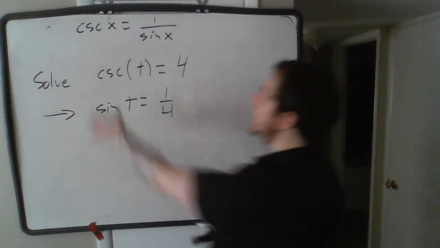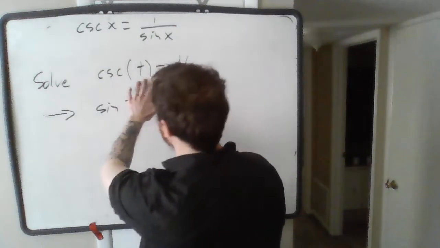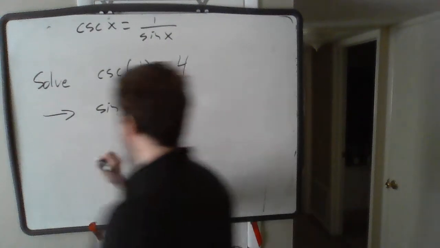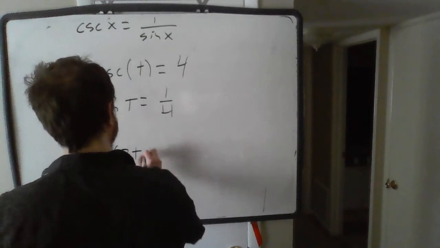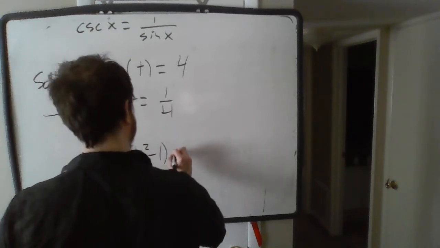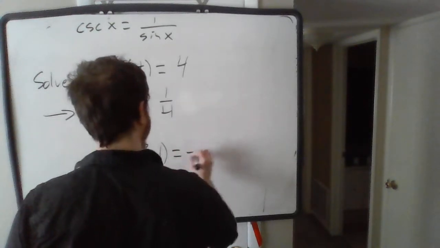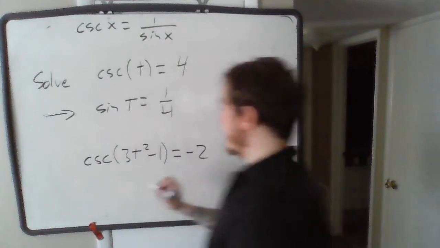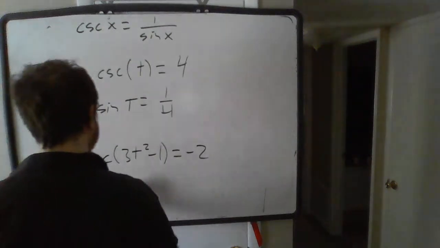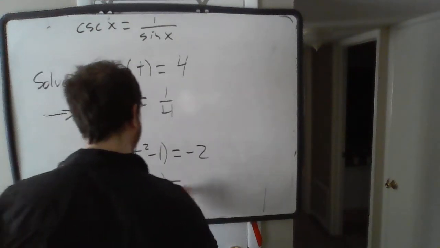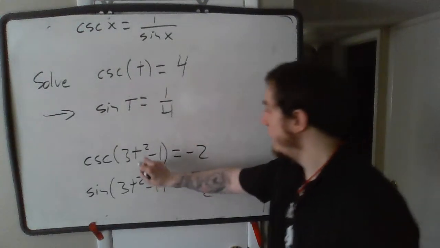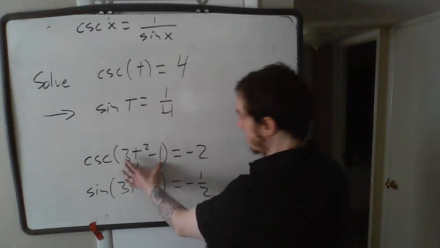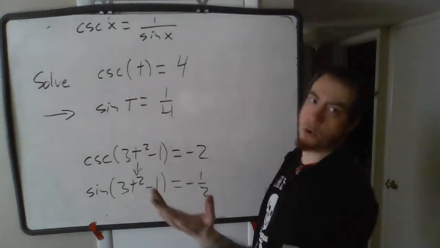And that will work even if I have something more complicated here. If I have a problem like cosecant of 3t squared minus 1 is equal to negative 2, well, this is the same as saying that sine of 3t squared minus 1 is equal to negative 1 over 2. Okay, so 3t squared minus 1, this is just some crazy angle.